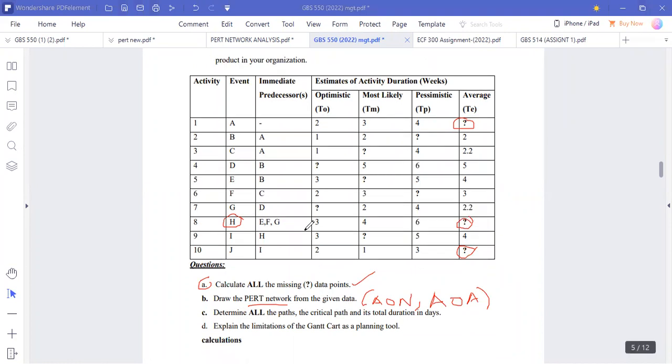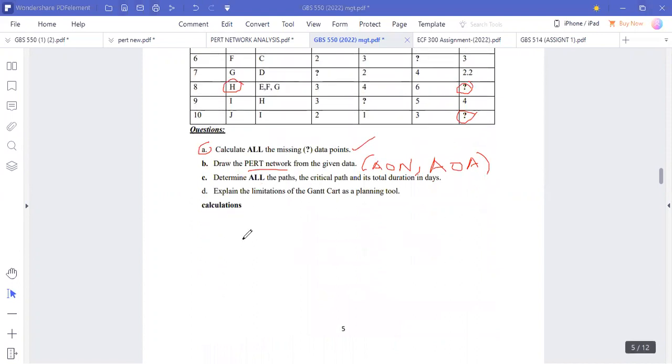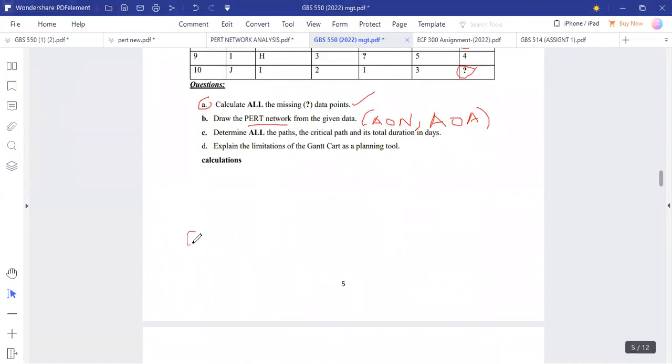So as we come here, we are simply going to say activity A has started. This is activity A. After A has started, we can have activities that are taking place here.